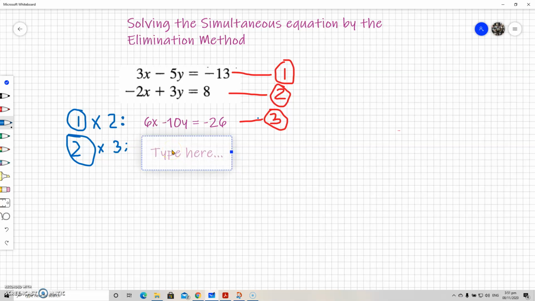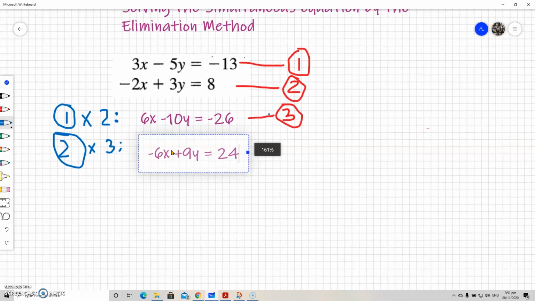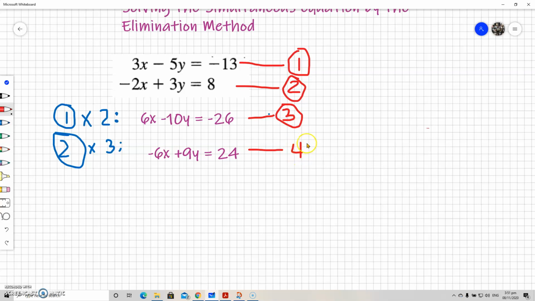Well, minus 2x times 3 is minus 6x. 3y times 3 is 9y. 8 times 3 is 24. So this is a new equation I have created. I'm going to call this equation 4.